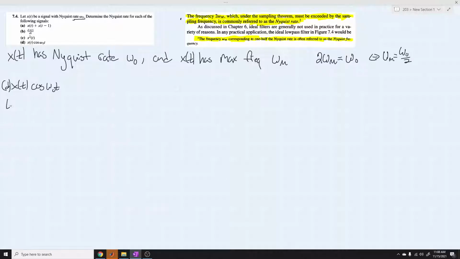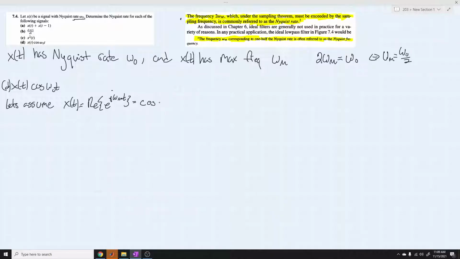Let's assume x of t is equal to the real part of e to the j omega sub m of t.